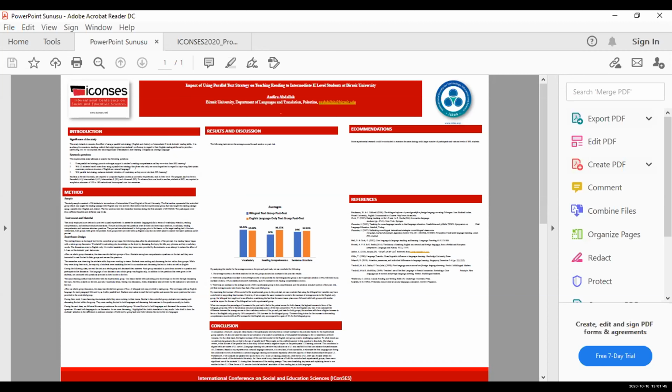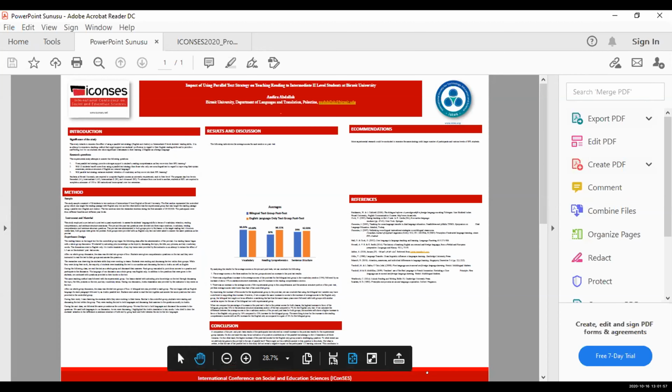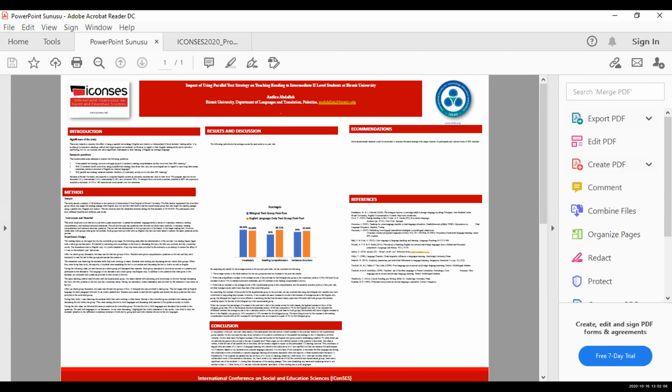As the students were working together, I was taking notes and observing their interaction. I was especially focusing on the use of L1 and L2 as they were doing their work.